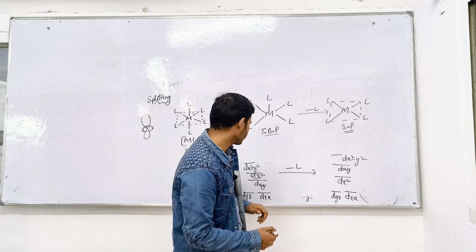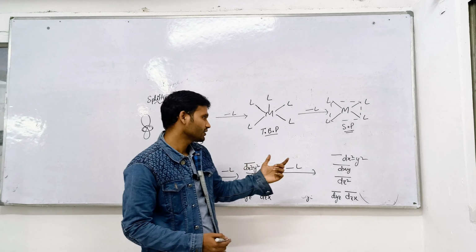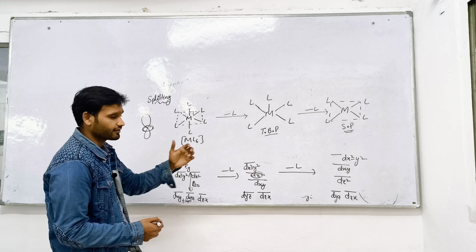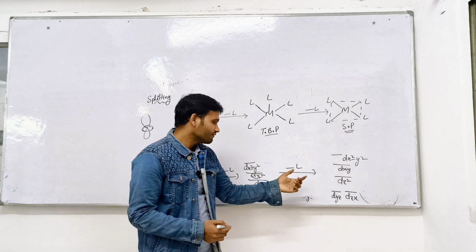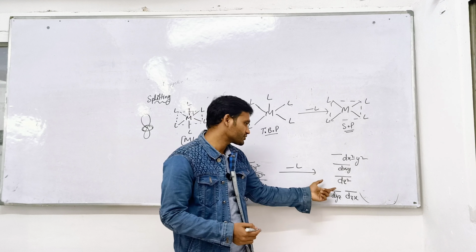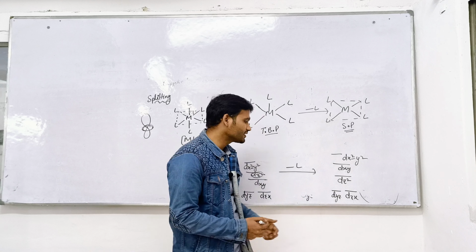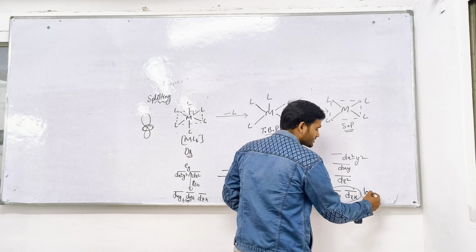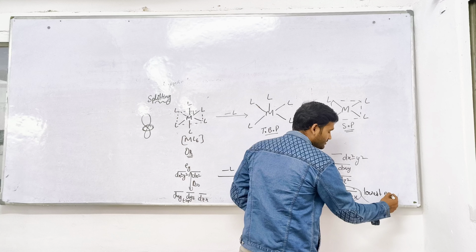It's very interesting. We moved from octahedral geometry to square planar geometry in a very interesting way. Now you can see, when coming to square planar geometry, we have dyz and dzx at the lowest. These are the lowest energy orbitals.